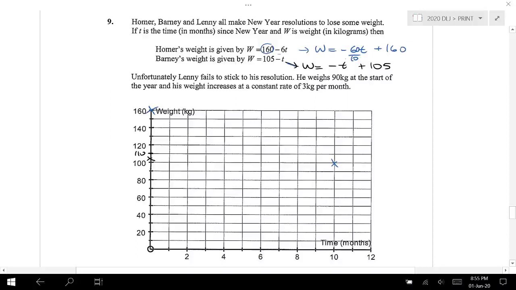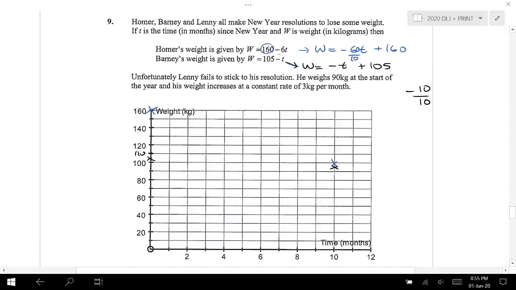Going down 1, so negative t, the gradient is a negative 1 over 1. So if we want to extend that to 10, we're going down 10 for every 10 it goes across. So after 10 months, Barney will have gone down to 95. So that is just below Homer there.